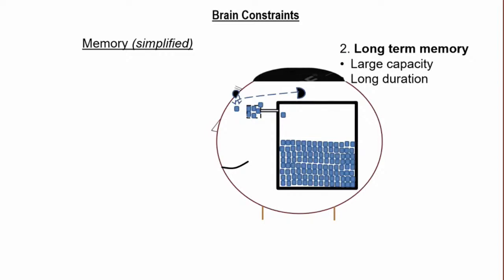If you look at the way human memory works, it actually has two parts. There's what technically is called the long-term memory, and that's what most of us think of as memory.